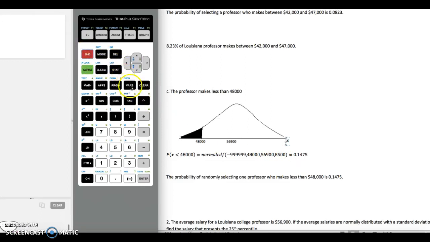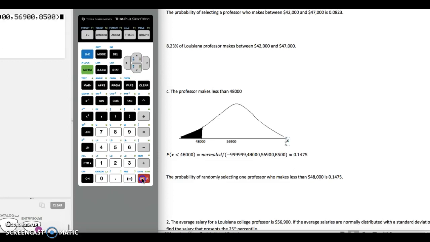So you go to second, variables, go down to normal CDF, press enter. Your lower bound would be negative 999,999. Your upper bound would be 48,000. Your mean and your standard deviation stayed the same.